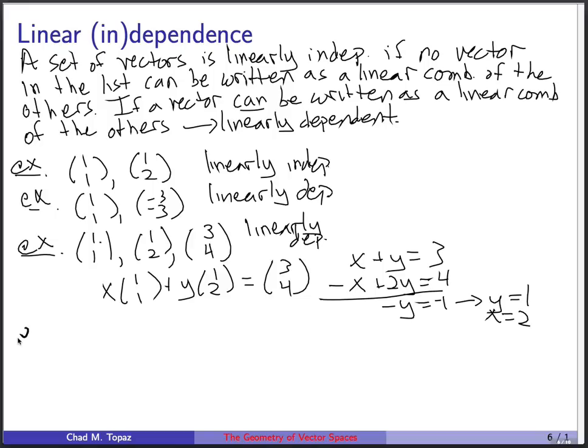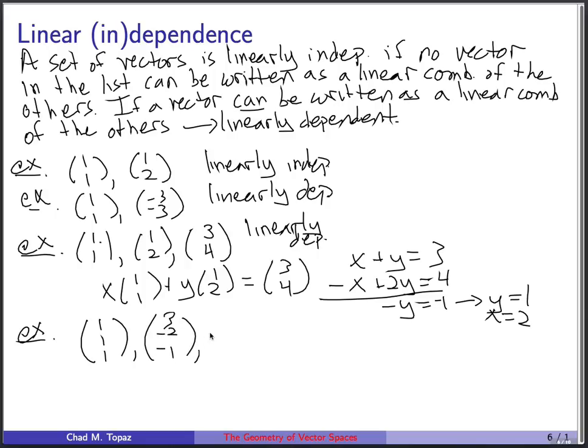Let's do another example, and let's get above 2 dimensions. Let's at least go up to 3 dimensions. Say I have the vectors 1, 1, 1, 3, -2, -1, and 5, 0, 1. I'll call these U, V, and W. Well, we can start with U and ask if adding V into the list makes it linearly dependent or independent.